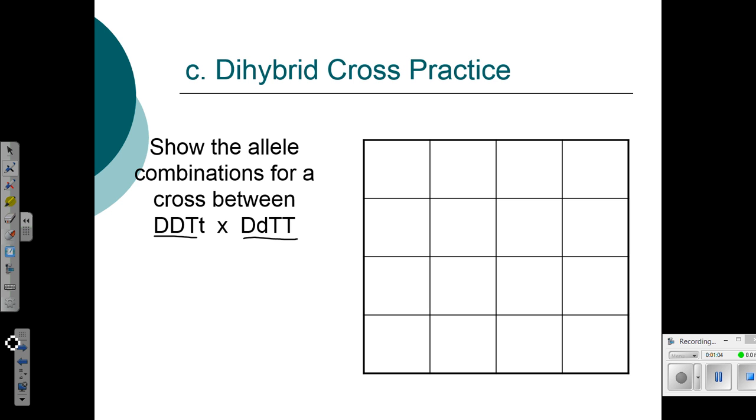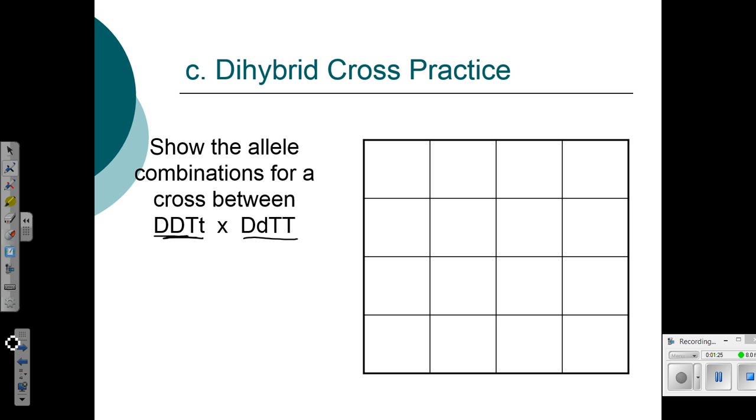You need to figure out basically what are the different combinations that can exist in the 4 gametes that that person produces, okay? So if this is mom over here, then mom's going to have 4 different eggs with 4 different combos of these letters. And then dad is going to have 4 different sperm. And now we're going to figure out what are the possible combinations of egg and sperm.